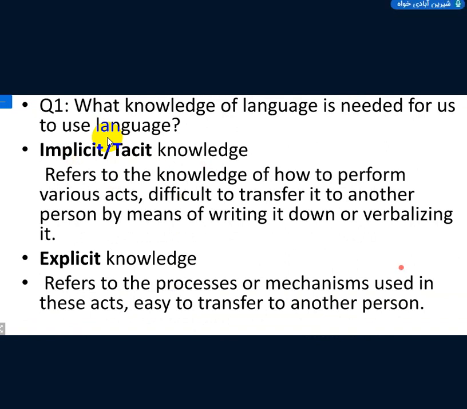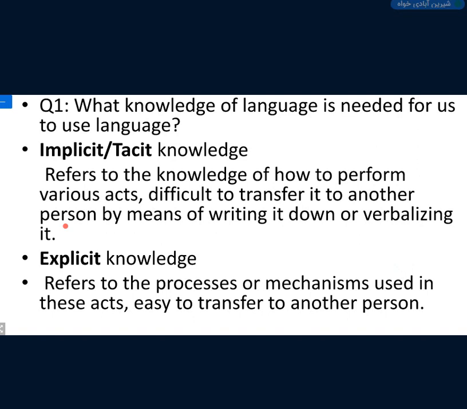It refers to the knowledge of how to perform various acts. For example, people have different types of knowledge: the knowledge of speaking, of writing, and of driving. But it's difficult to transfer to another person.